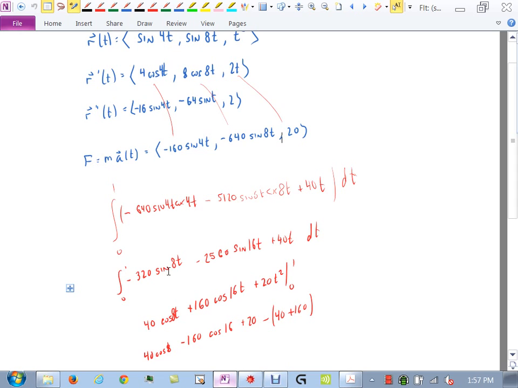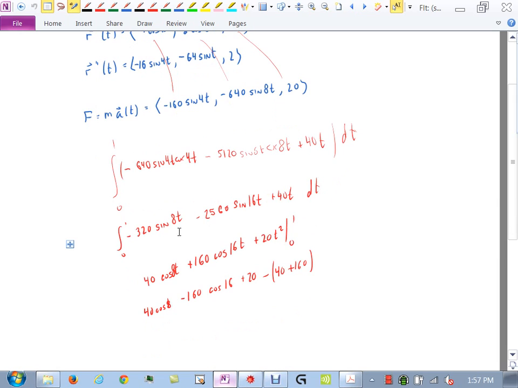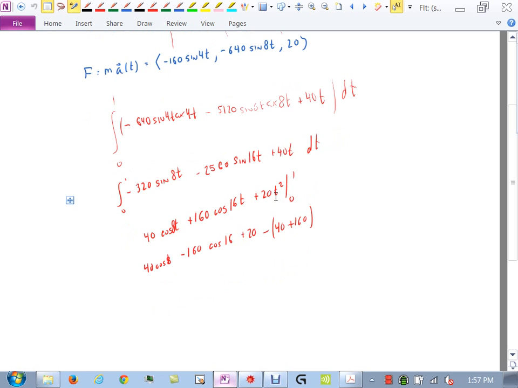But then I had to bring a half out front, so that cut this negative 640 in half. I did the same thing here, and then 40t is 40t. Then each one of these I integrated, and then I plugged in and I got some numbers, and anyway, it's a number, and that's your work.